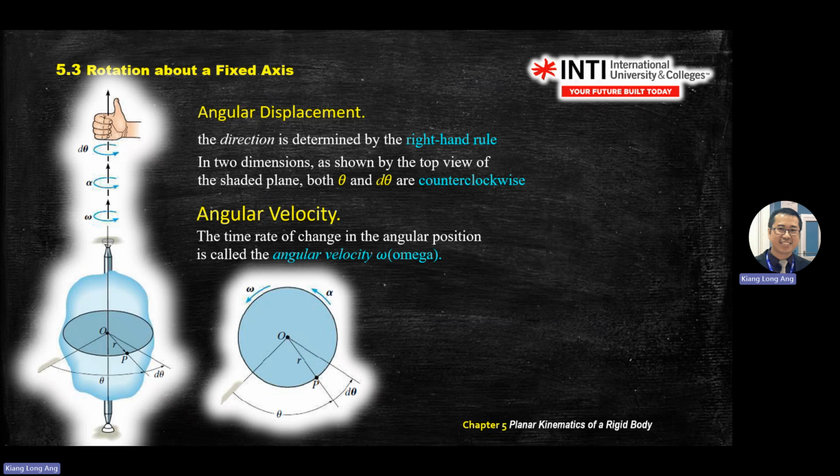Then it changes to alpha, which is angular acceleration. In daily life, you will see omega, the angular velocity, as RPM, revolutions per minute, on all machines.